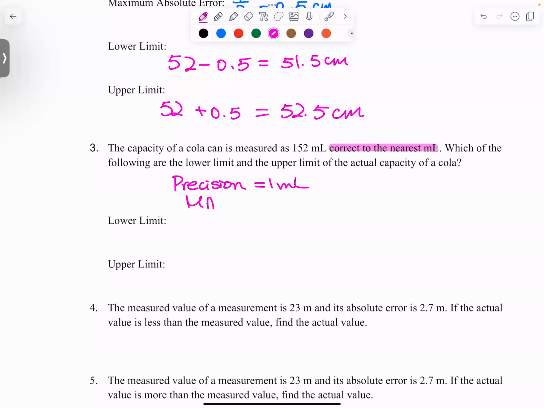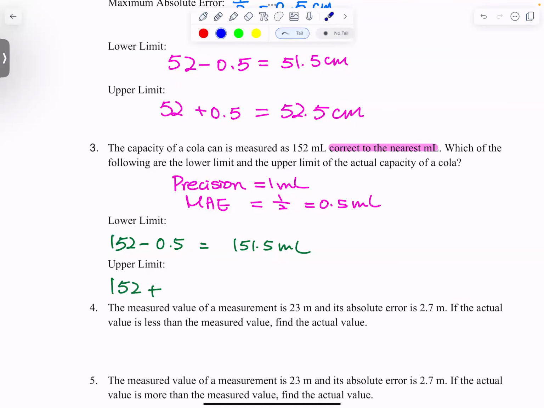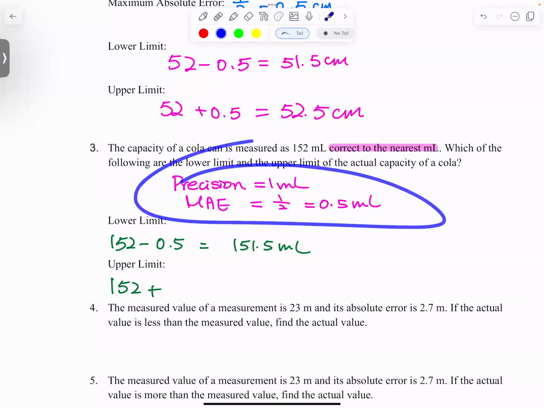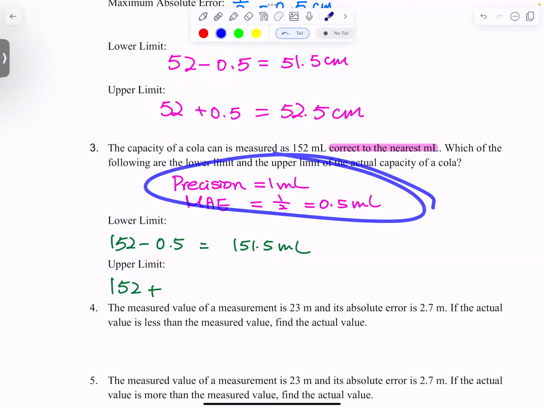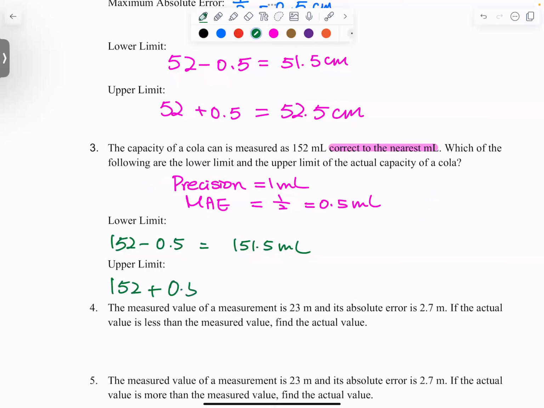And then your MAE, half of precision. And then your lower limit is the measured minus the MAE, and the upper limit is the measured plus the MAE. If it's in section C, you need to show all the steps. That means you need to write this on your own.